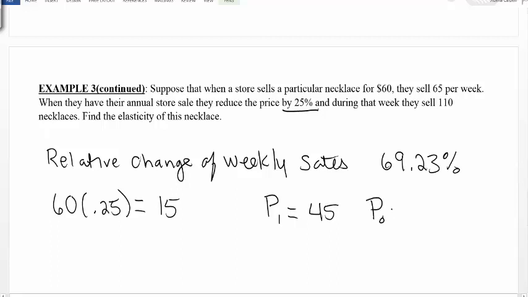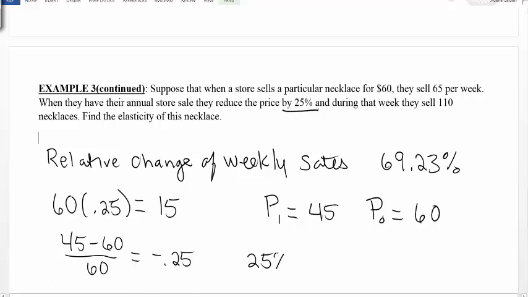My original price was $60, and I can use that to calculate the relative change. So 45 minus 60 divided by 60 is going to give me negative 0.25, or a 25% decrease in price.